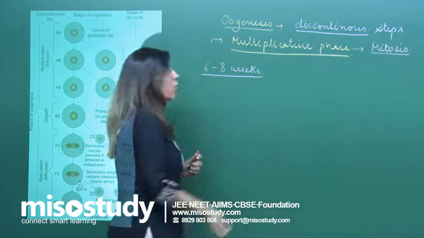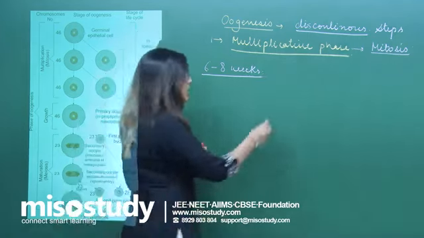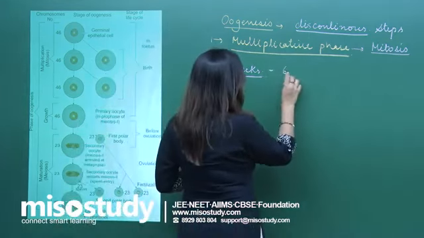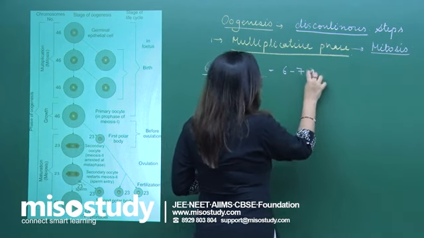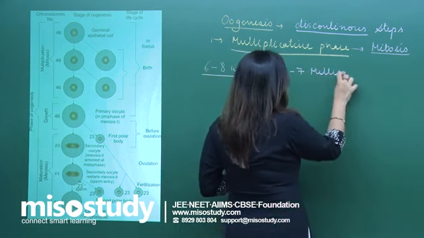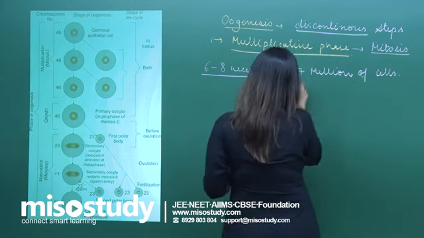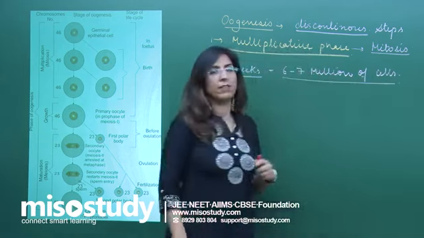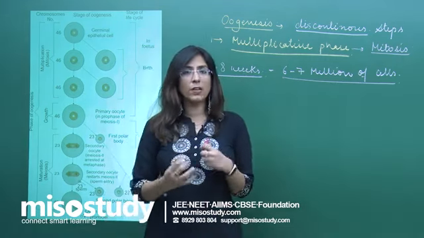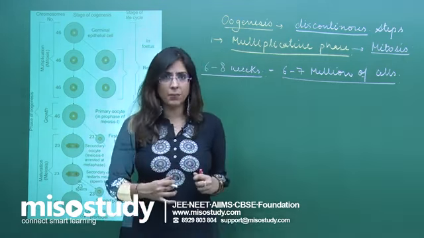When a fetus is 6 to 8 weeks, it has around 6 to 7 million cells. So this much number of cells are actually present.